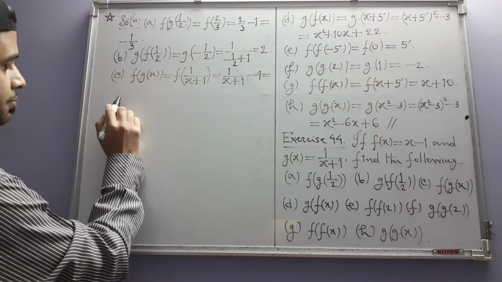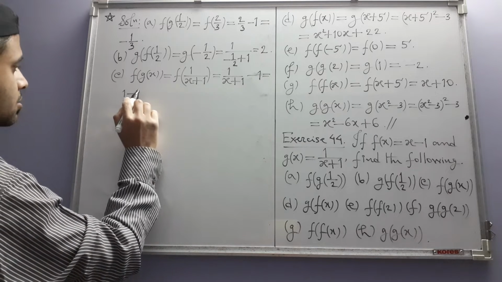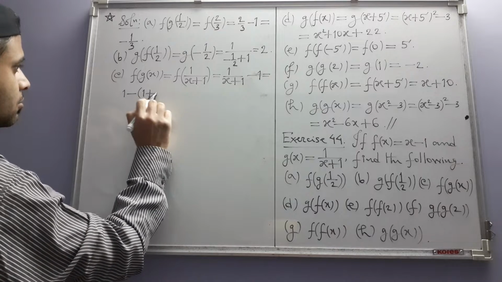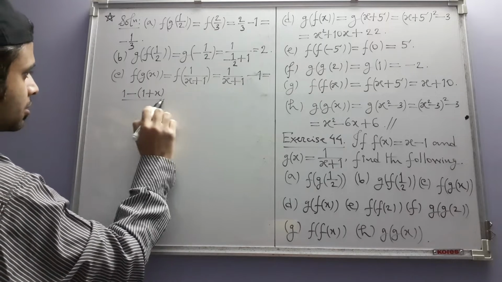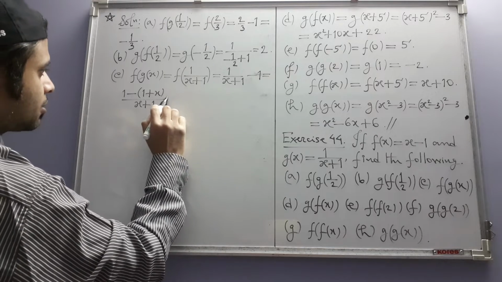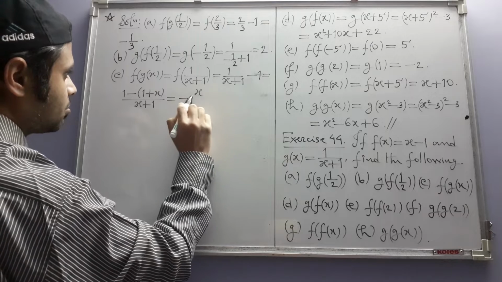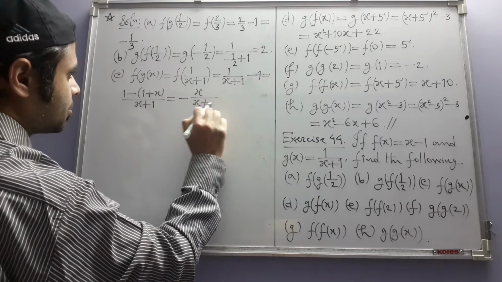So this will be 1 over x plus 1 minus 1, that is 1 minus of 1 plus x divided by x plus 1, that is minus x divided by x plus 1.